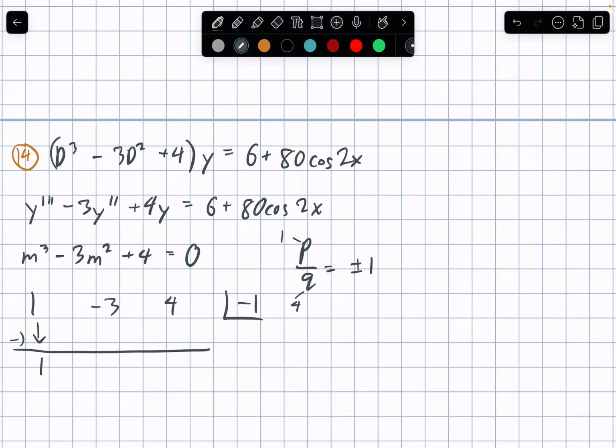Okay, so bring down 1 times negative 1. Sorry, it's supposed to be plus negative 4. Negative 4 times negative 1, positive 4. 8. Okay, so I don't think negative 1 is the root. How about positive 1? Okay, bring down 1. Multiply, so there you have negative 2. Wait, is my synthetic division correct?